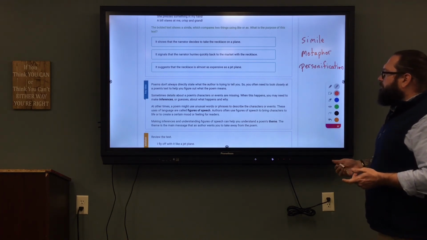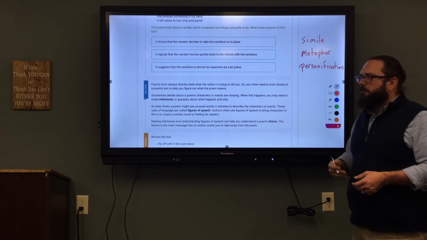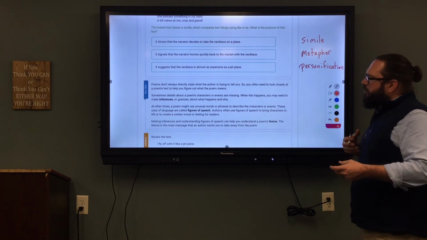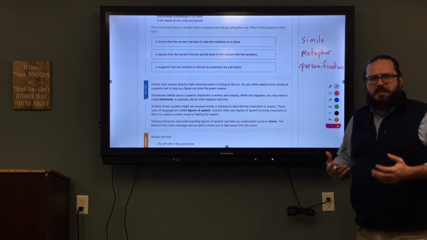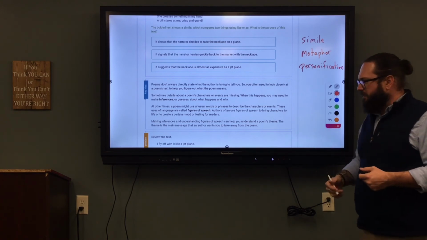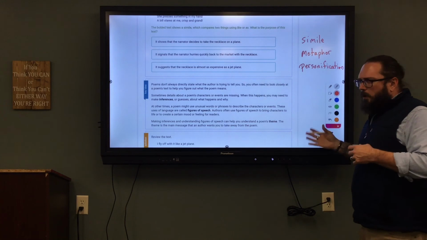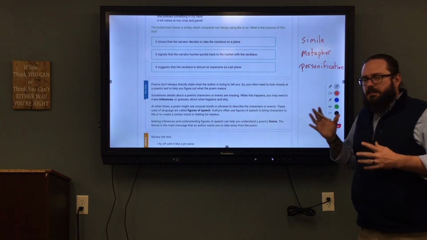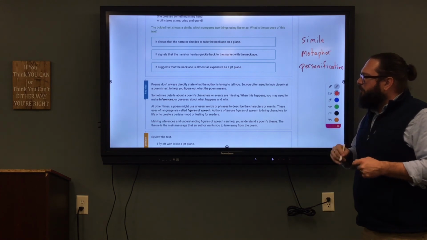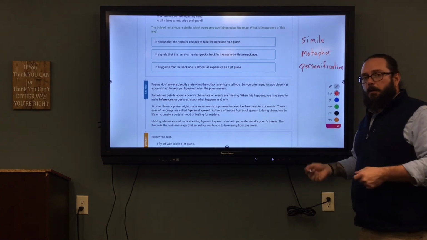Finally, making inferences and understanding figures of speech will also help you understand a poem's theme. We're not going to get into too much detail about what theme is because we're going to be looking at that more in depth in a future lesson. But for the purposes of this particular assignment, the theme is simply the main message that the author wants you to take away from the poem.